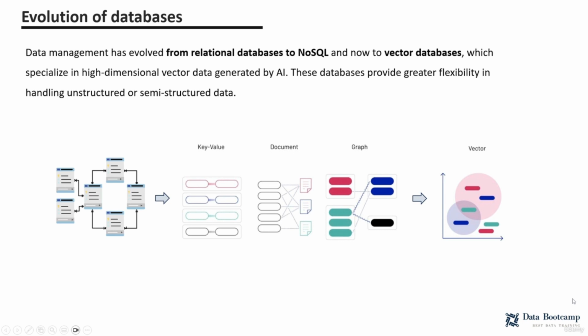How have these vector databases been developed? Initially, we started with traditional databases, which were relational databases queried through SQL. They were designed for structured data and depended on fixed schemas. We then moved towards unstructured databases, the NoSQL databases, which offer greater flexibility in handling unstructured or semi-structured data.